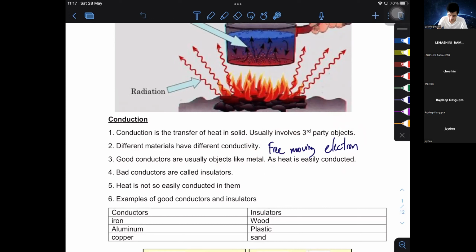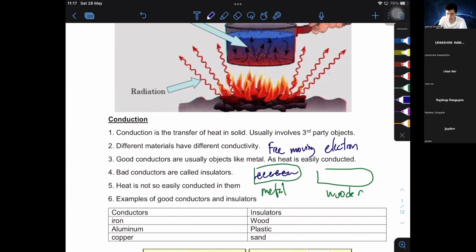For example, if today I have a metal stick versus a wooden stick, these metals have free moving electrons that are able to move around in the metal itself. Because of these free moving electrons, they easily transfer heat and also electricity.